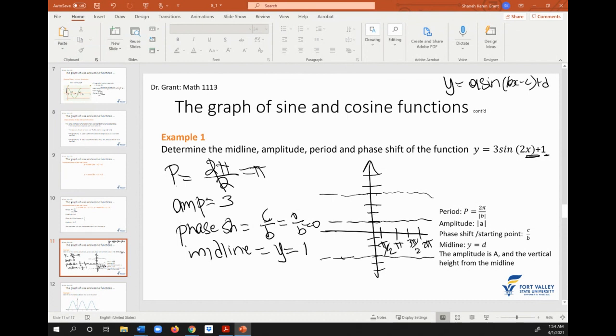Now recall that the period is pi, so that means I need to have a first sequence of the sine graph within this function here.